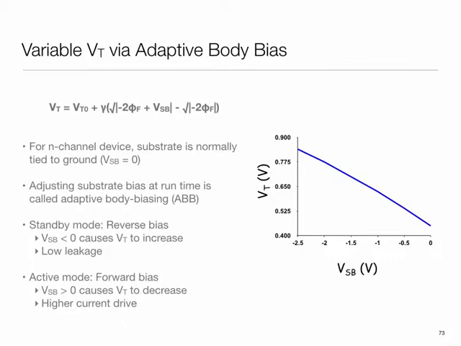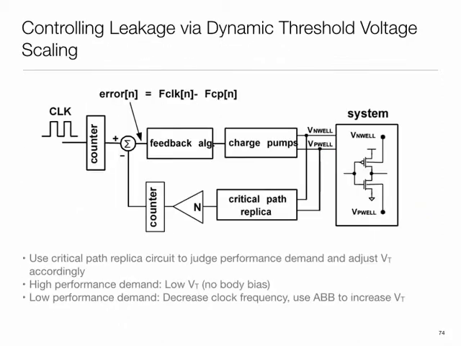As I'm changing that body bias, I'm changing the threshold voltage. Now we are into the realm where I don't think commercial processors do it, but specialized chips and certainly a lot of research chips have shown this to be done. So essentially, you begin to control leakage. I'm going to show this one.